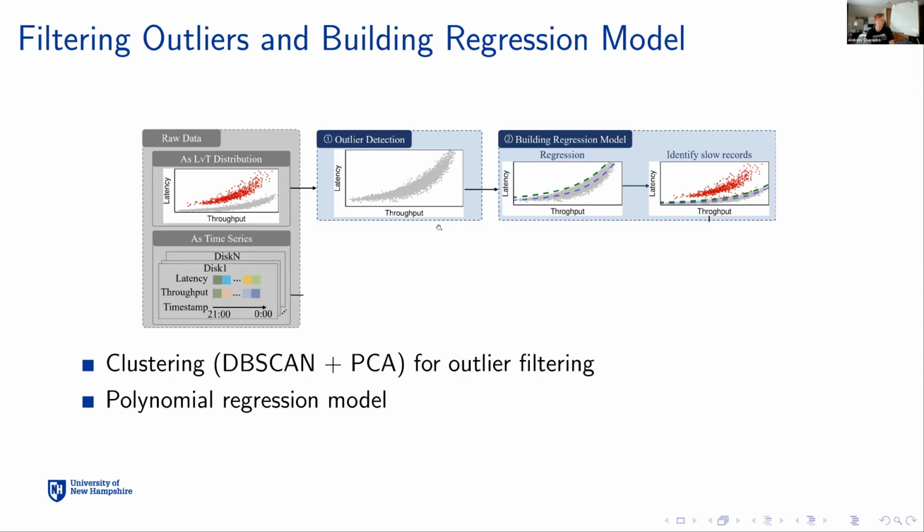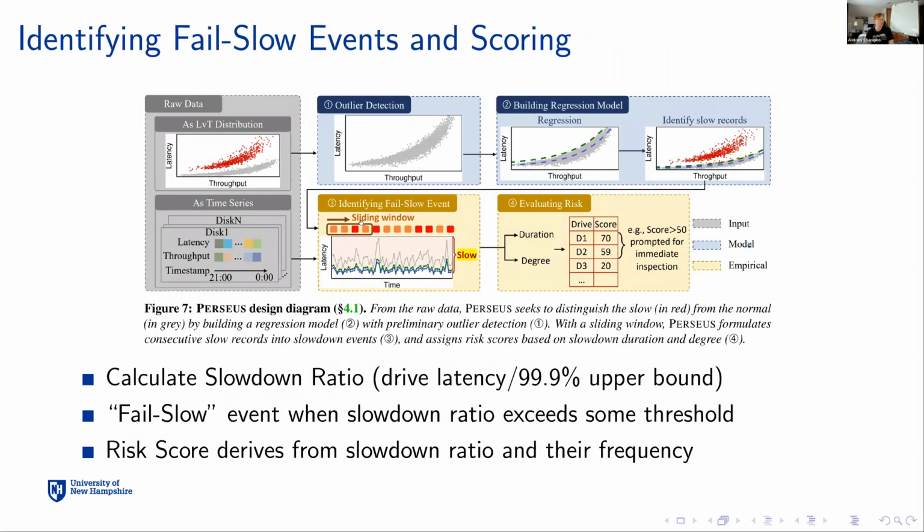Now, there is a little bit more to the system. Once they have that regression model, they go through the time series again, and for each of these outlier points, they calculate the slowdown ratio. Is it a big slowdown, a significant event, or maybe not so significant?